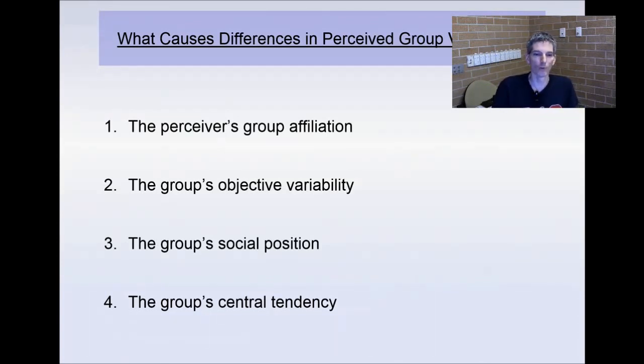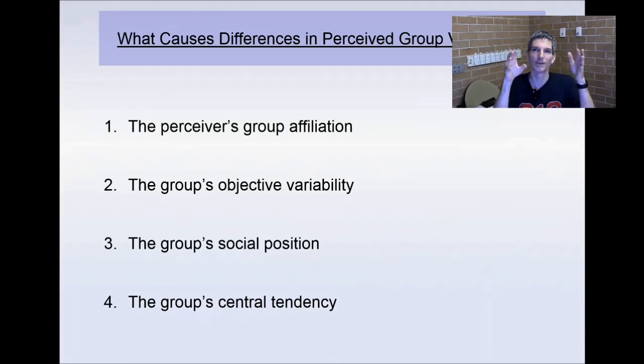And the fourth and final one is called group central tendency, which means basically where the group falls on any particular dimension. So it's the mean value. So if we have a dimension of reservedness, we have the English very up here in terms of their reservedness, very reserved, and the Australians down here in terms of their reservedness, then that's the central tendency of the group.